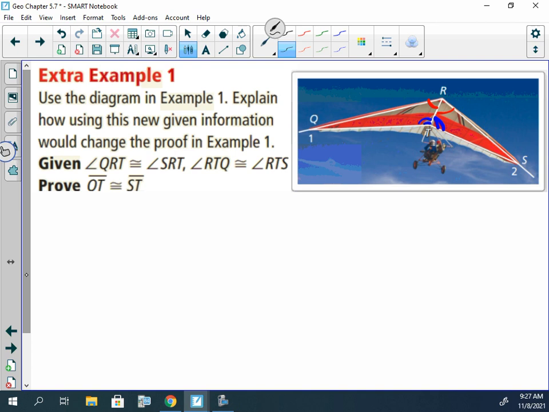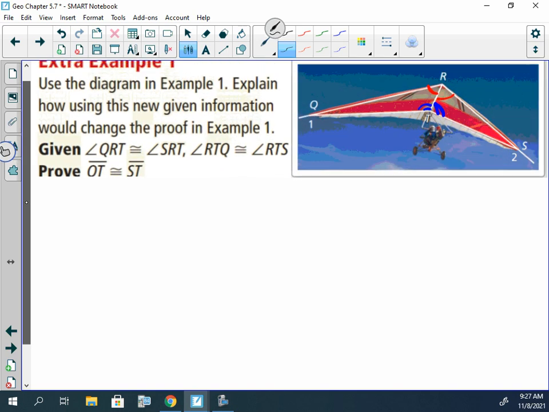Well, it's going to be QT. I cut it off. Now, we are given two sets of angles, yes? So if I look at the congruency shortcuts that work, that have at least an angle, well, side, side, side doesn't work because we have how many angles?